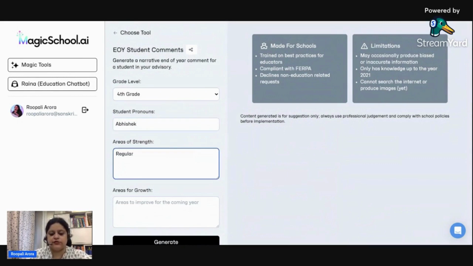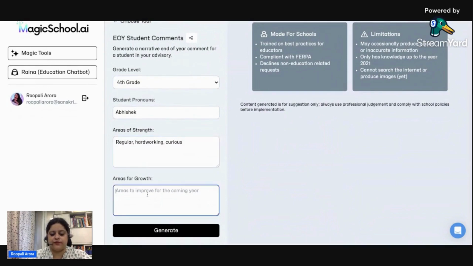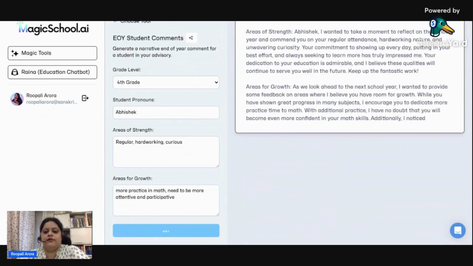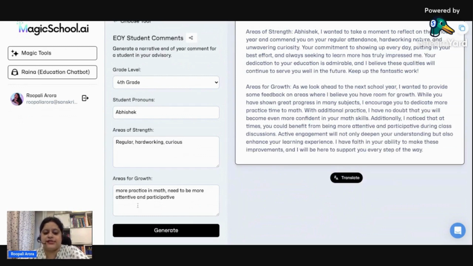So child is regular, hardworking, curious, and areas of growth can be more practice in math, need to be more attentive and participative, and I click on generate. So now we can see that all the characteristics that I've written would be there in my profile, and my profile is created.